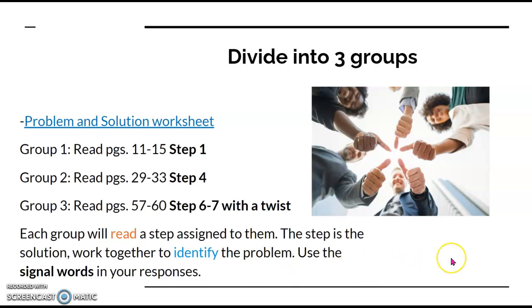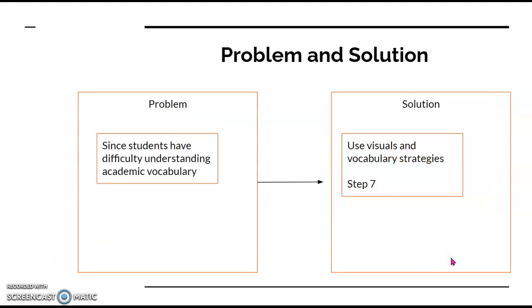And I asked people to use the signal words in their responses. So for example, here's the example of the worksheet. The solution that I gave as an example was using visuals and vocabulary strategies, which is step 7 of the 7 steps. And the problem was that since students have difficulty understanding academic vocabulary, that is what we identified as a problem.